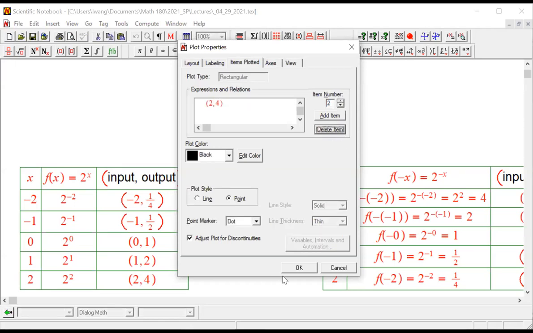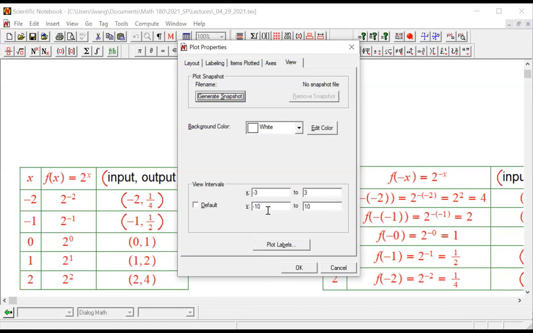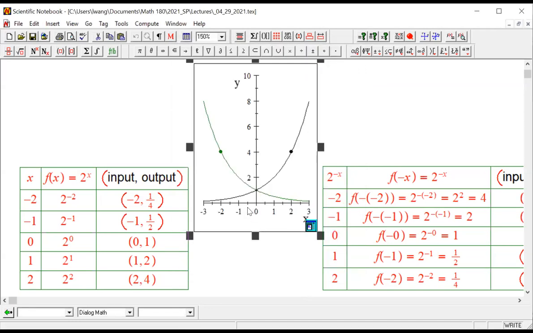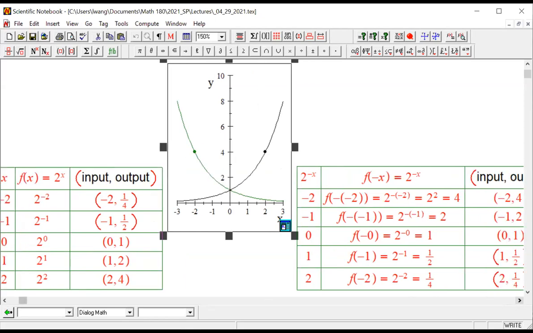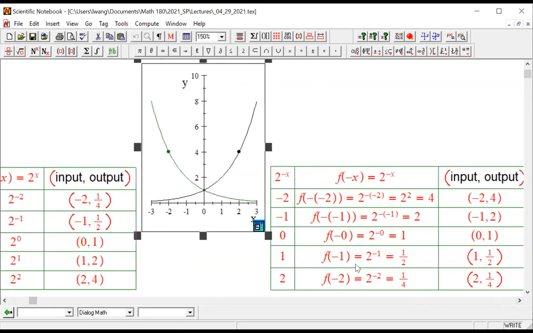Let's not deal with that function. Just do it this way. This is much easier. We don't have to worry about this other stuff. So this is 2 to the power x, and this is 2 to the power negative x.